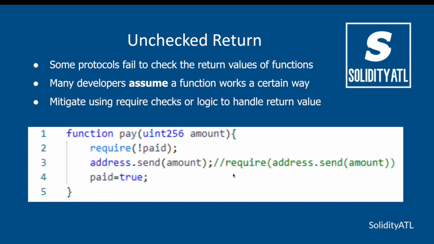So like we said, what you can do is use a requirement statement to assess what that return value was. Now, this is not a huge issue in terms of return values for your own contracts. As a developer, you will typically have some checks for this logic because you wrote it and you're familiar with what's going to be returned.